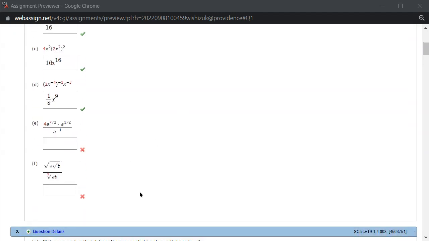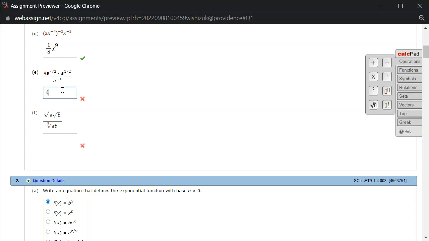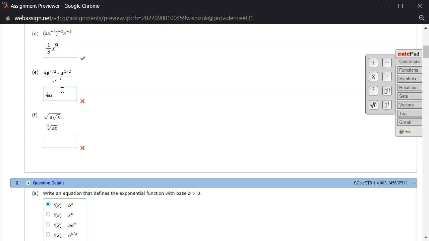Let's look at part E. I'm going to combine the numerator. You have a to the 7/2 power times a to the 1/2 power, so we can just add the powers. 7/2 plus 1/2 is 8/2, which is 4. So the numerator is a to the 4th power.